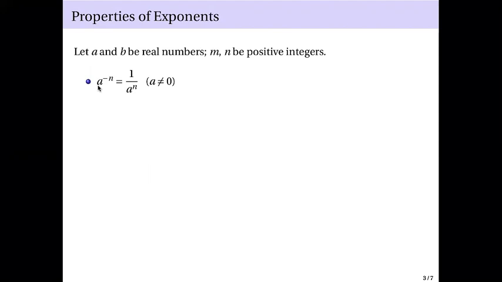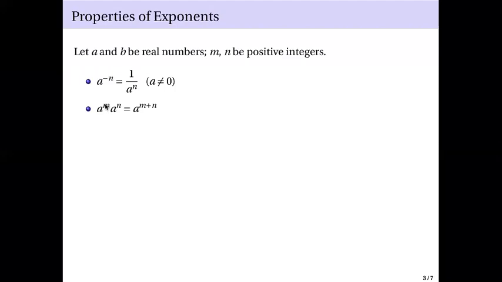We have a raised to negative n, which is 1 over a to the n. So if you have something in the numerator with a negative exponent, you bring it to the denominator. Of course, here we assume that a is not equal to 0, because if a equals 0, then we have division by 0, and that is not allowed.